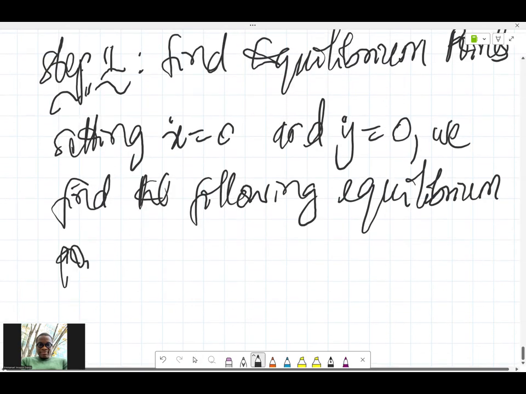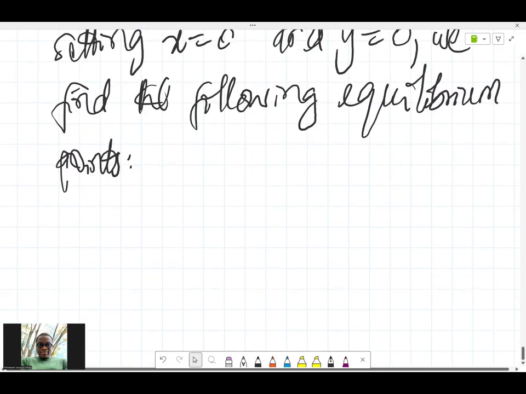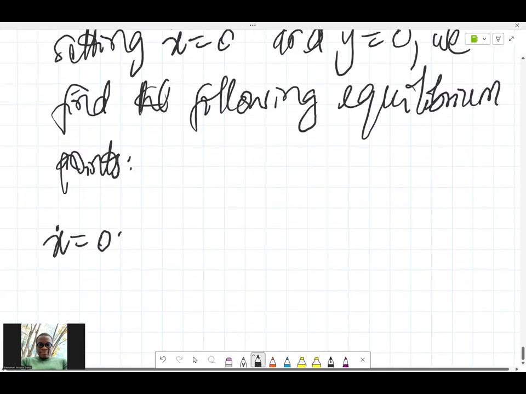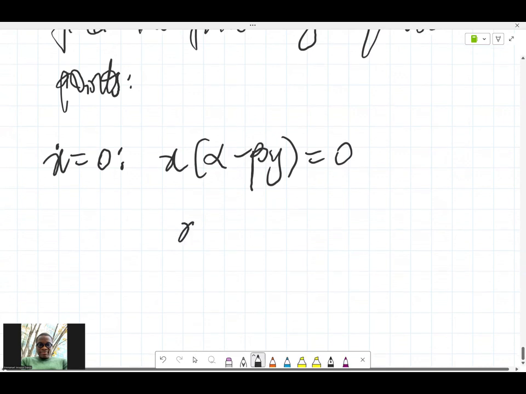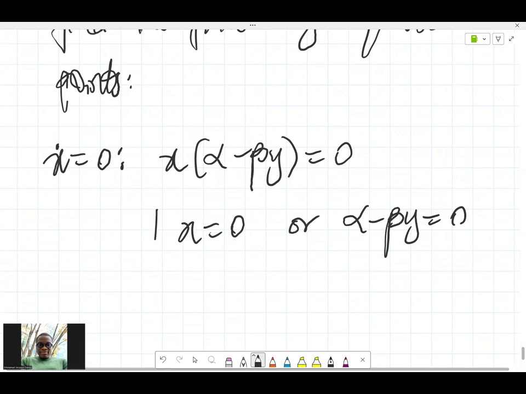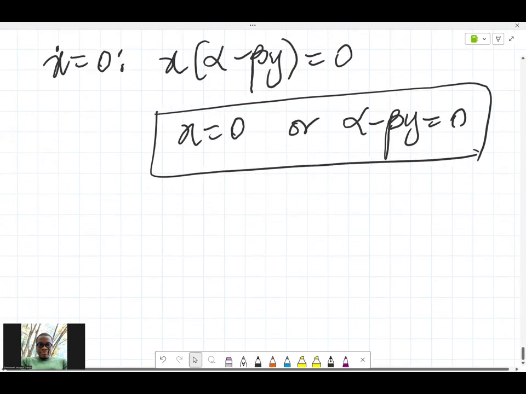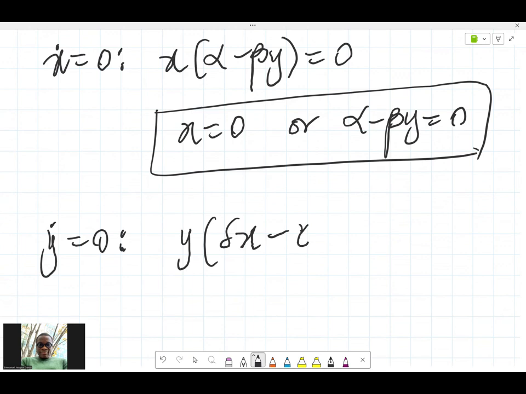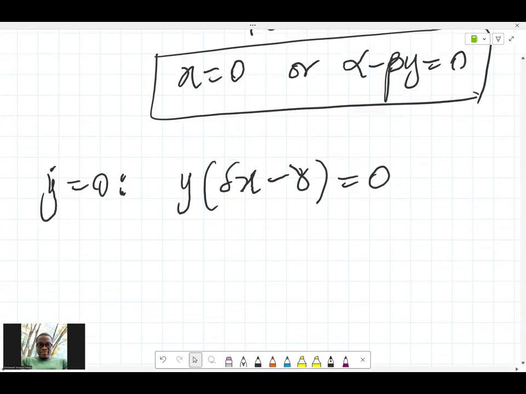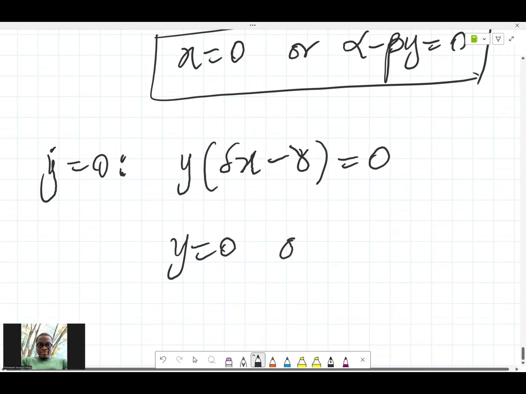So for x dot equals 0, that means that x into alpha minus beta y is equal to 0. So that means we have x equals 0 or alpha minus beta y equals 0. So y dot equals 0 simply means that y into delta x minus gamma is equal to 0. So that means y is equal to 0 or delta x minus gamma is equal to 0.